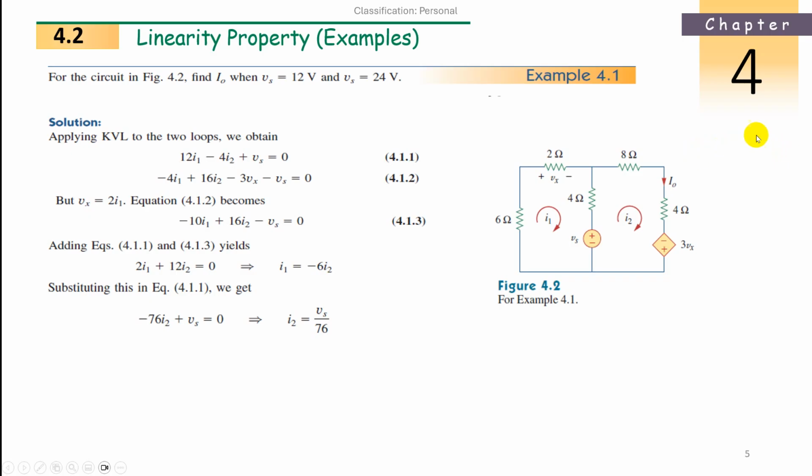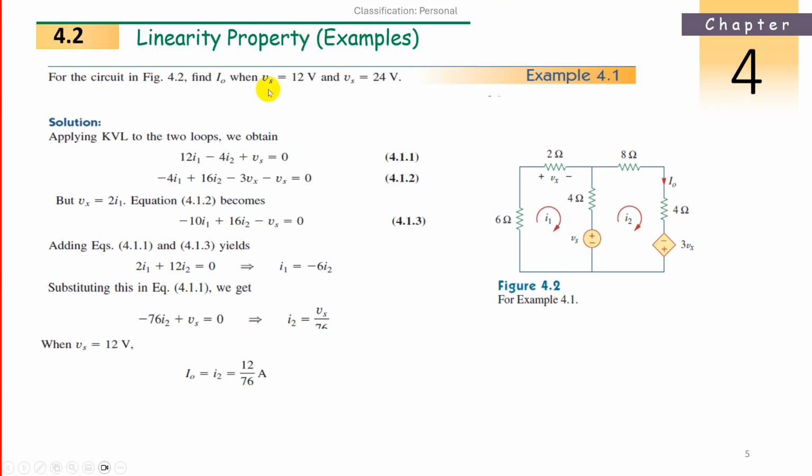Now this will give 12 into 6, how much? 72, that is minus 72 I2 minus 4 I2 plus Vs equal to 0. So minus 72 minus 4, how much? 76. So minus 76 I2 plus Vs is equal to 0. Now, I2 we got as Vs by 76.